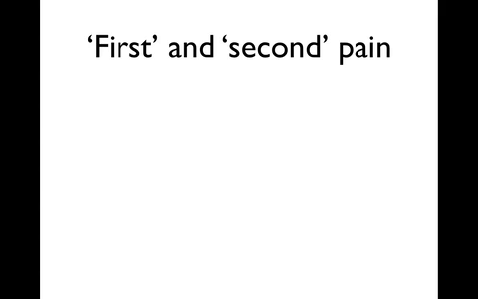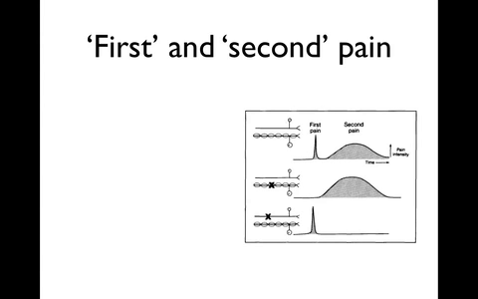Again, if you're not feeling that, you're probably not doing it hard enough. Okay, so what we're seeing here, and we call this first and second pain, is an initial spike, which is caused by the A delta fibers, and then a slower build-up of second pain, which is caused by the C fibers.